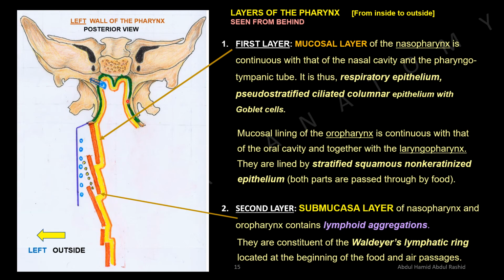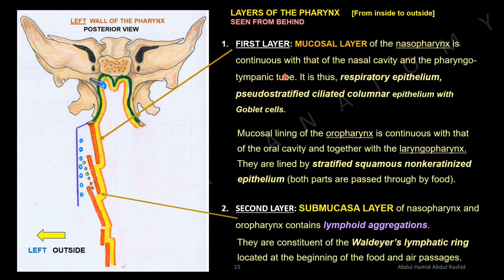Let's see the layers of the pharynx from inside to outside. The first layer is the mucosal layer. This orange color is the mucosal layer. In the nasopharynx, it is continuous with the nasal cavity and pharyngotympanic tube.